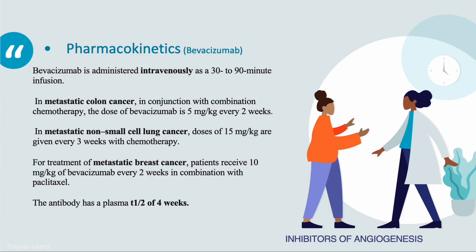In metastatic non-small cell cancer, the dose is 15 mg per kg given every 3 weeks, in combination with other chemotherapeutic agents. For treatment of metastatic breast cancer, 10 mg per kg is given every 2 weeks in combination with paclitaxel. The antibody has a plasma half-life of 4 weeks.